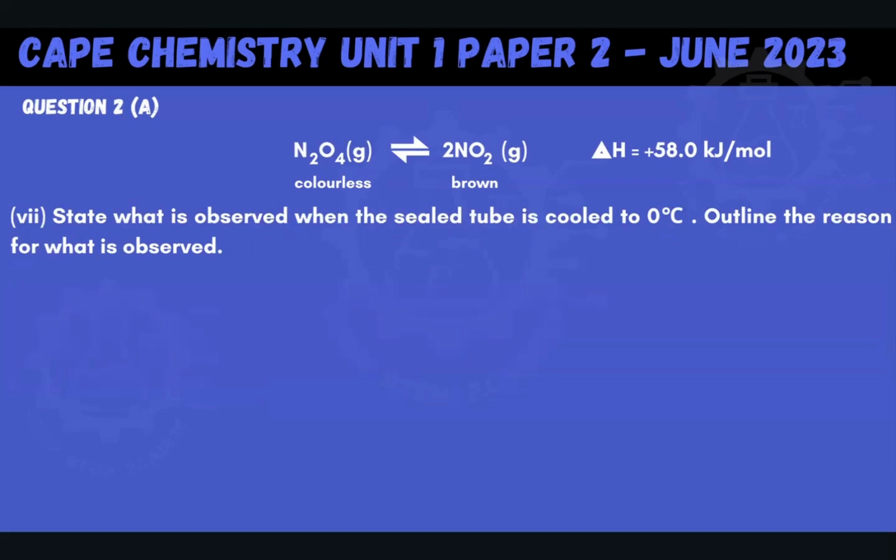So we'll have to start our discussion there. Equilibrium was attained at room temperature, and then the tube which contained the equilibrium mixture was cooled down to 0 degrees C. So there's a drop in the temperature that took place. So we'll start our discussion there.